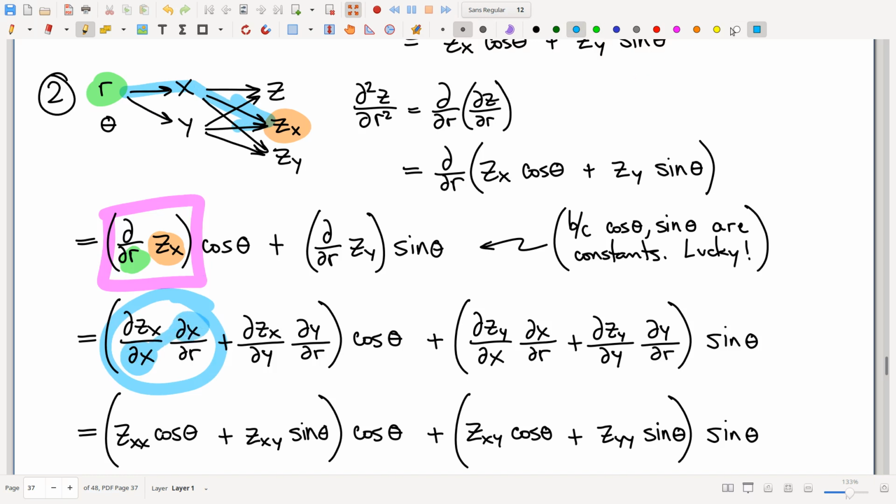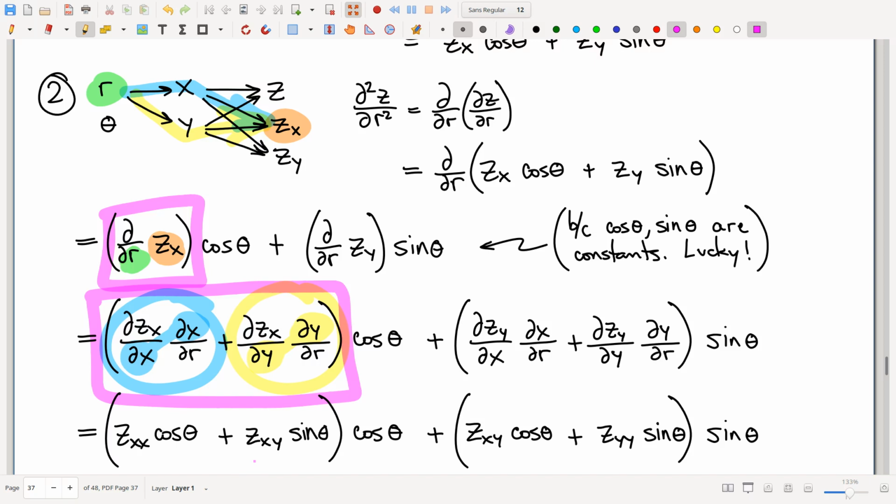There's, I guess I'll use yellow, the y path that gives me this y term, you might call it. This is just the chain rule applied, thinking about those intermediate variables.